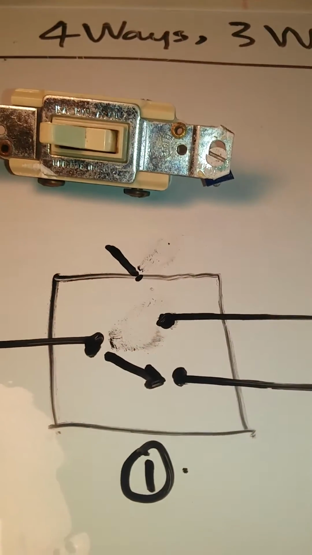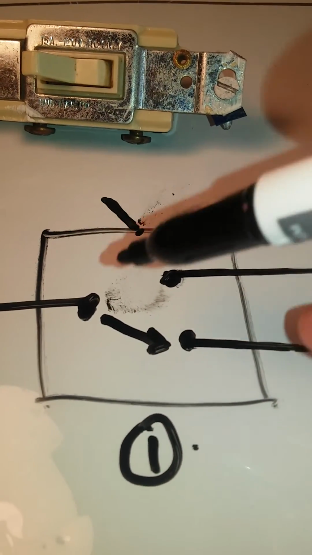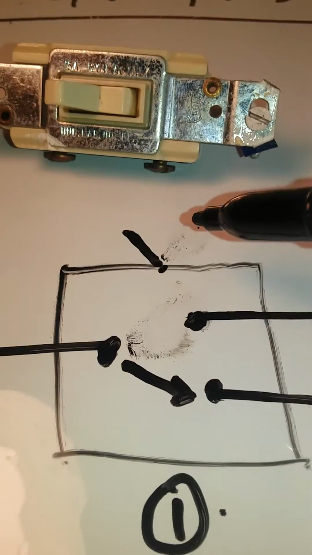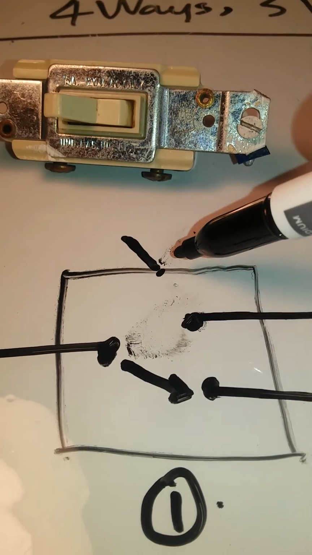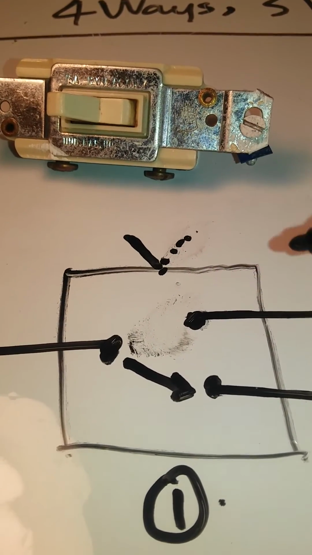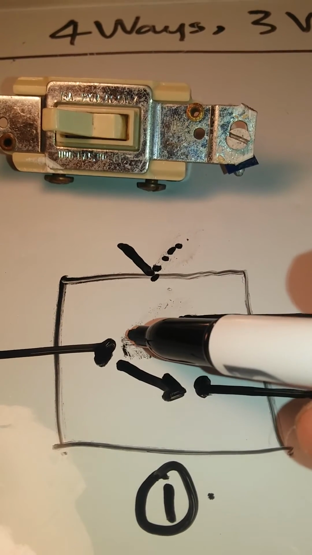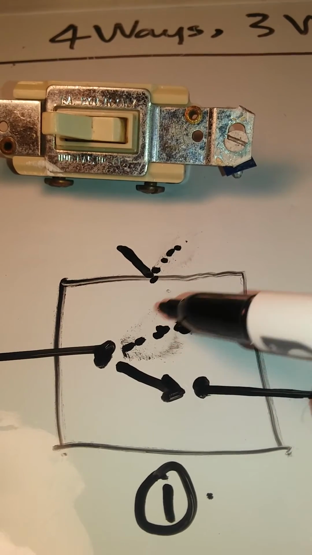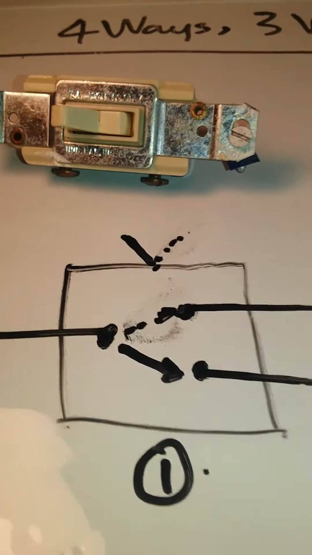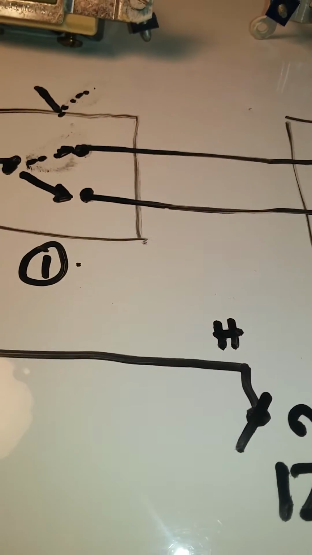We go to switch number 1 and turn the toggle switch, which changes the direction of the circuit inside. Look at the circuit right now.